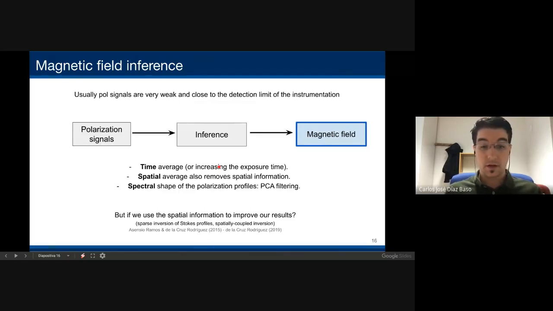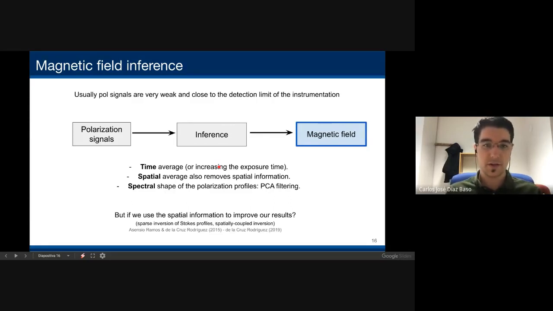But here, what I'm proposing is a little bit different. Can we use a neural network to improve the estimation of the signals? I have been showing these convolutional neural networks that also look at the pixels in the surroundings.